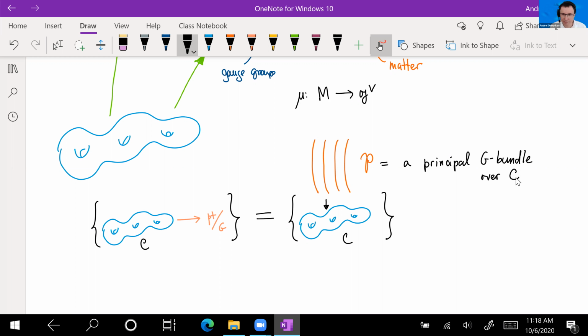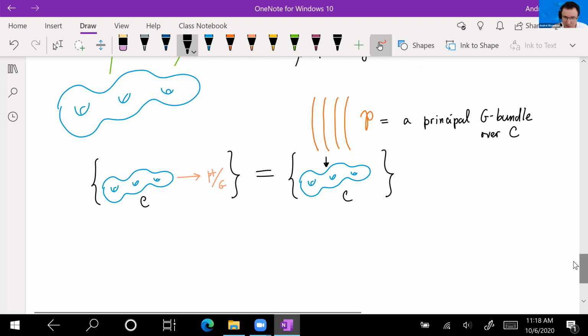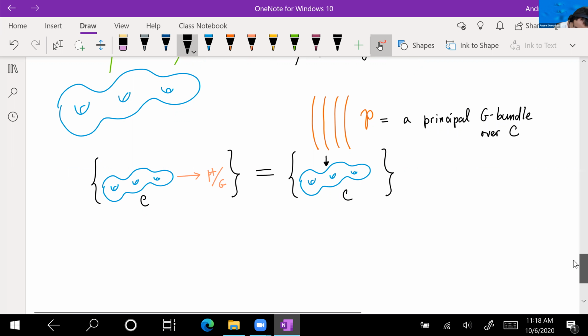In general they diverge, but we don't have to discuss it here. You can think of analytic topology, principal G bundles. It doesn't matter.